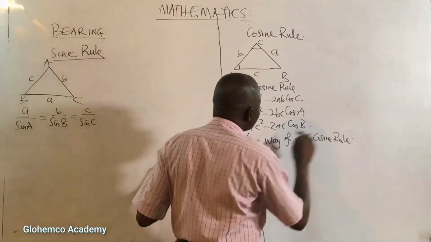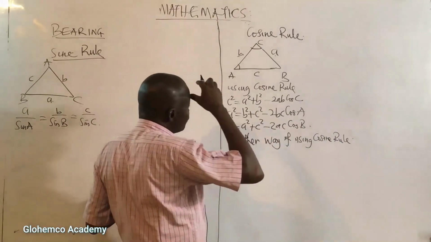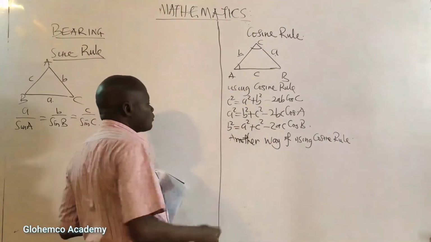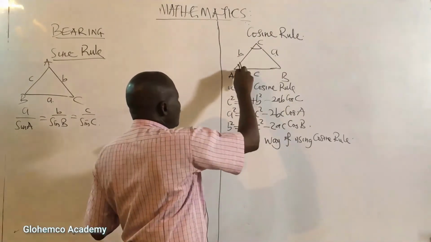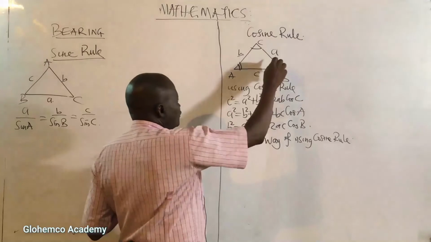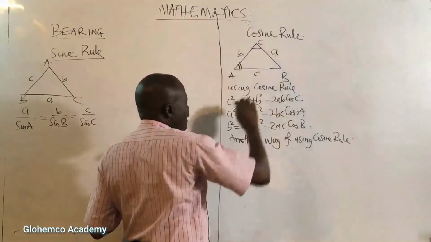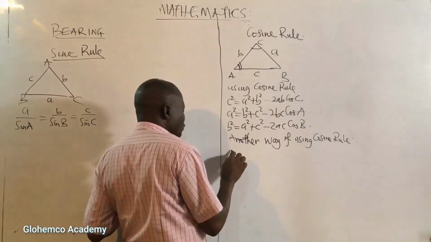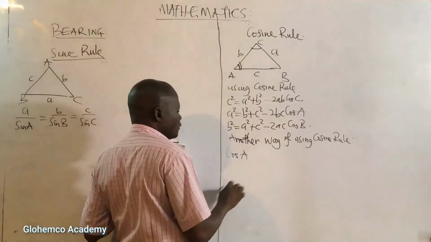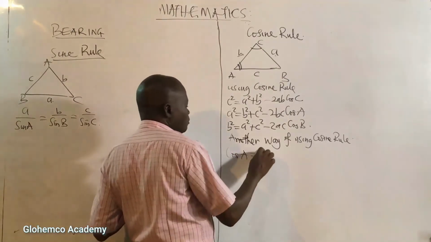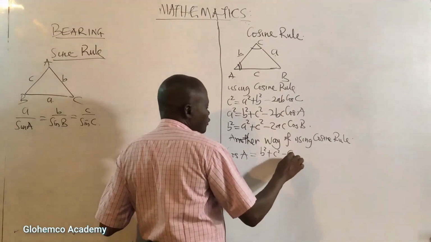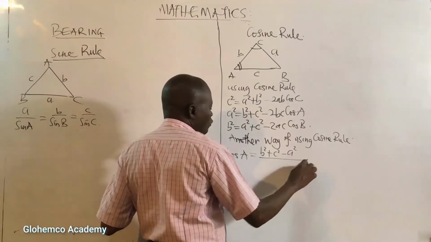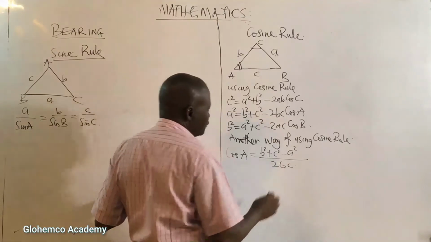Let's assume that you want to find angle A, not side a now. We want to find this angle A, and know fully well that all the sides have been given. Then we can now say that cos A is equal to b squared plus c squared minus a squared all over 2bc.